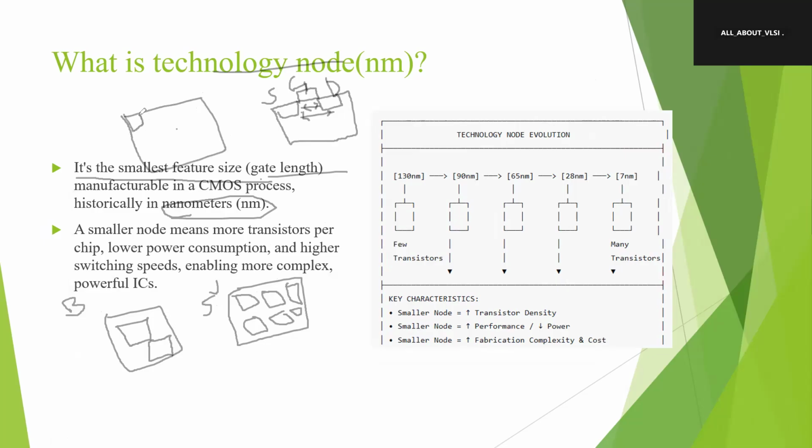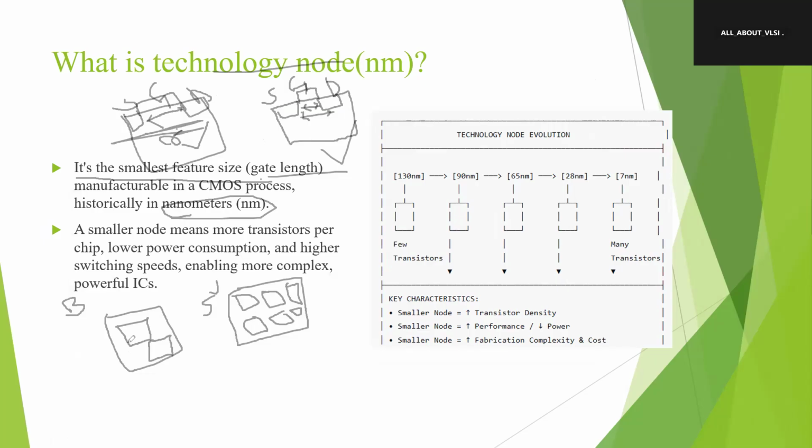Here, this is my source and this is my drain. Observe here, my gate length increases, right? Compared to this one, here my gate length increases, which means when the gate length increases, my transistor size also increases.